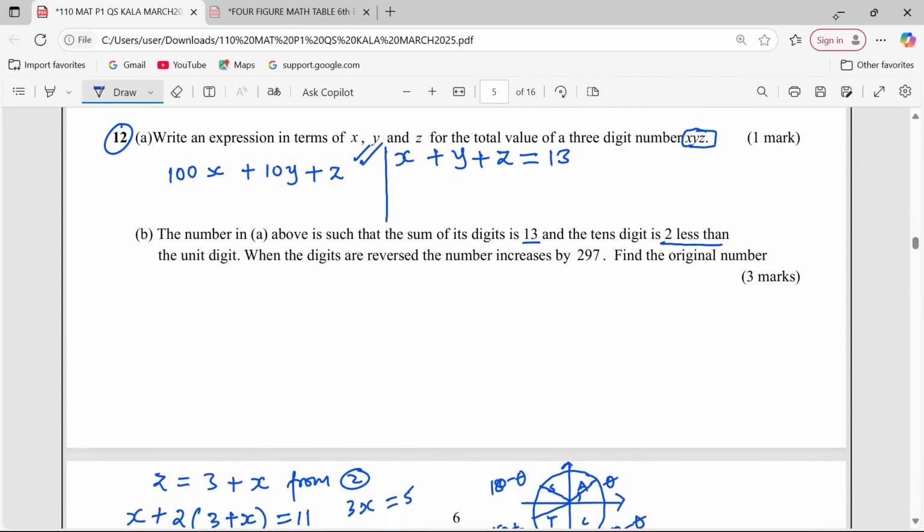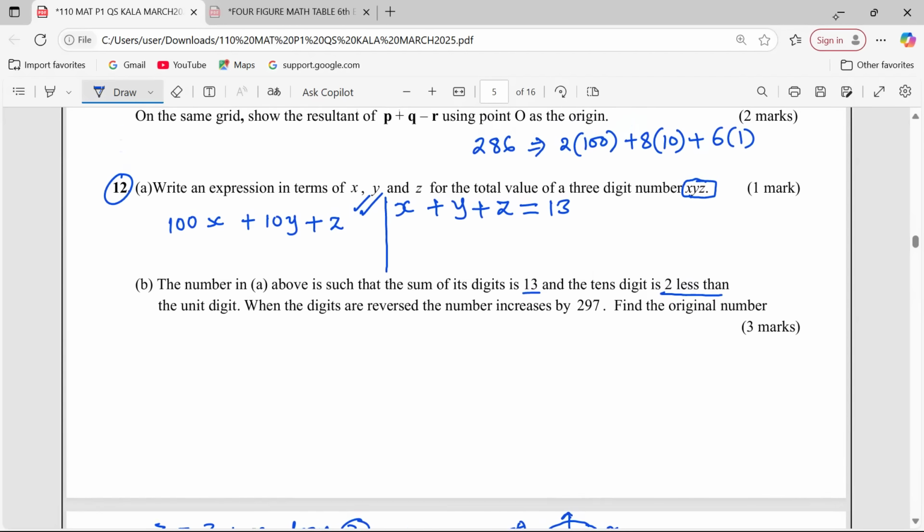That the 10th digit, which is y, is 2 less than the unit digit. So in other words, y is smaller than z by 2.